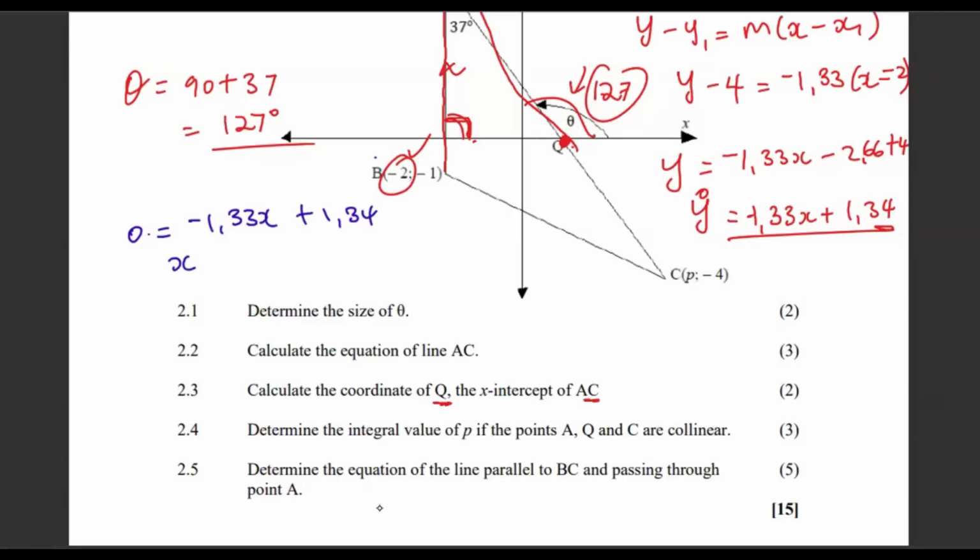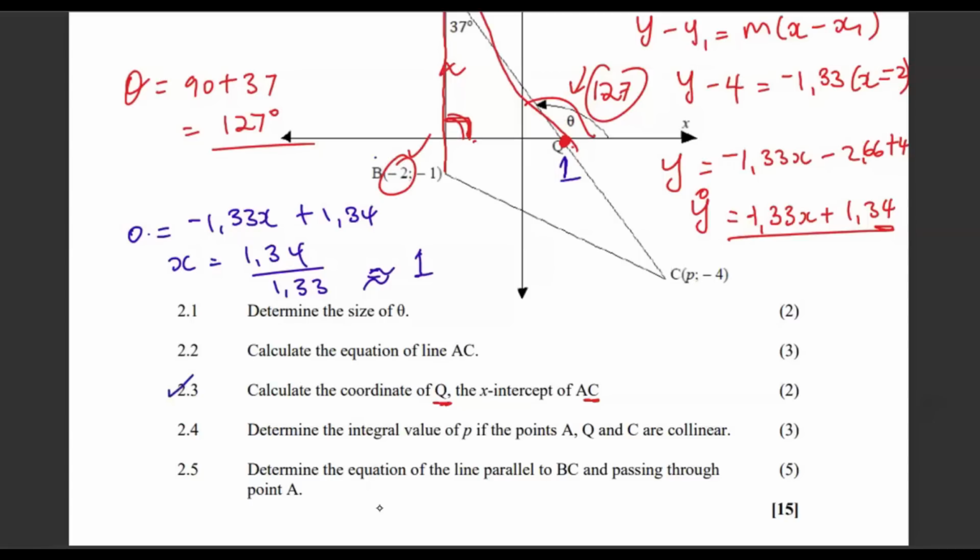Move that from that side, meaning that x is 1,34 over 1,33. This is approximately 1, because it's 1,07 and stuff. So I'll call that a 1.